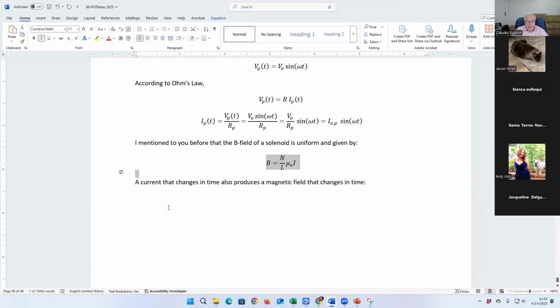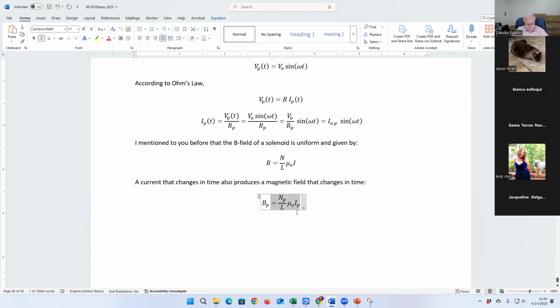Consequently, the magnetic field of this primary coil, B sub P, is going to be given by mu naught n sub P I sub P. I'm going to simplify the notation.